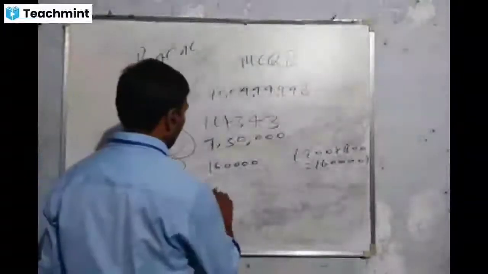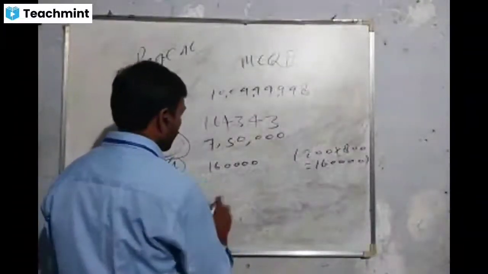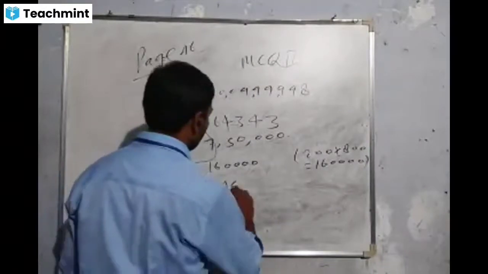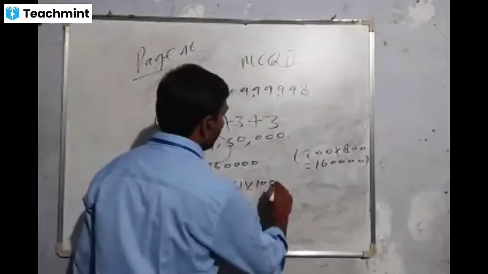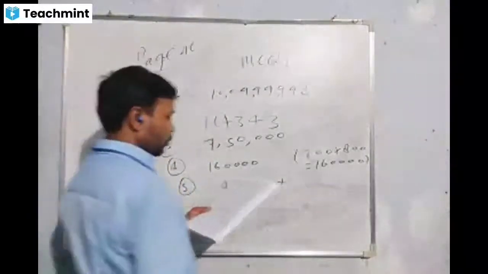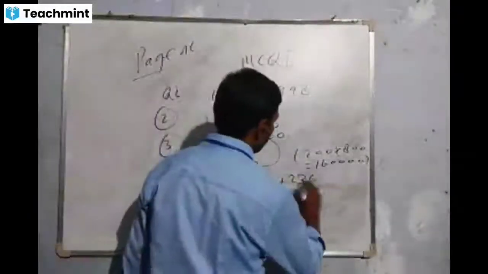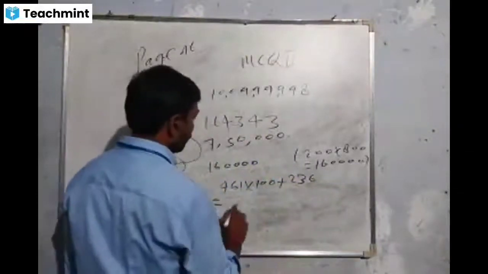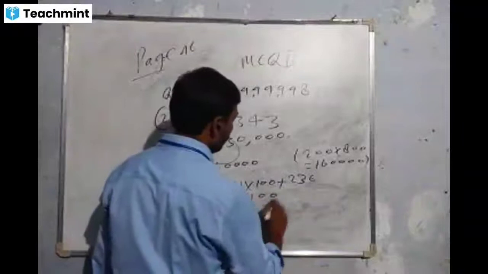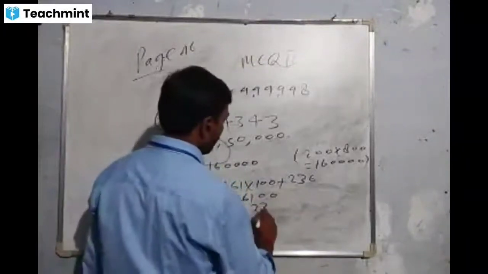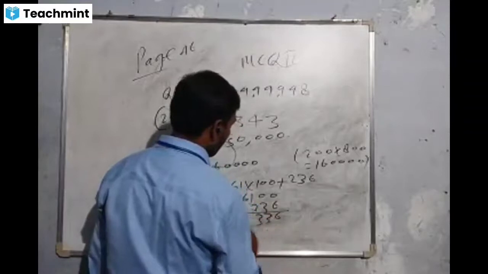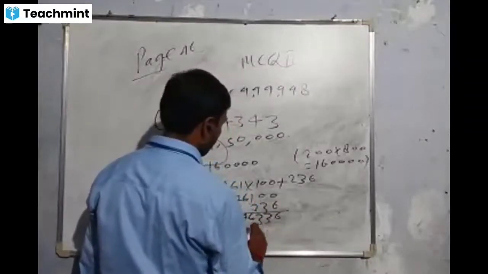So 461 multiplied by 100 is 46100, and then add 236, and you get 46,336.